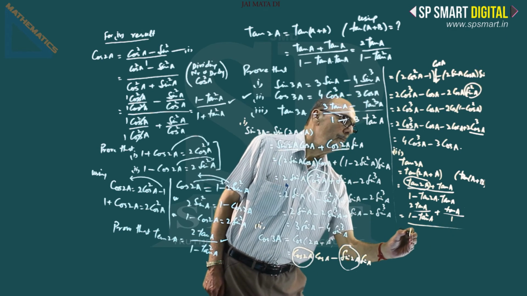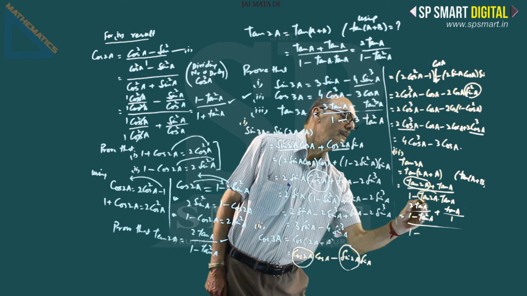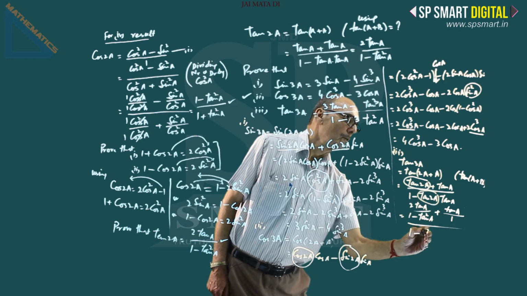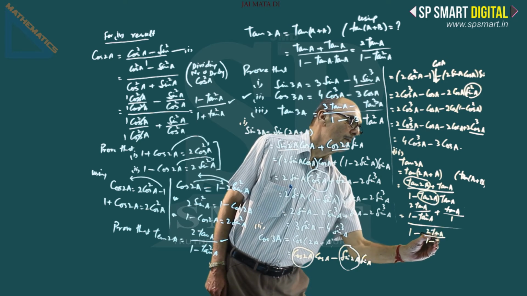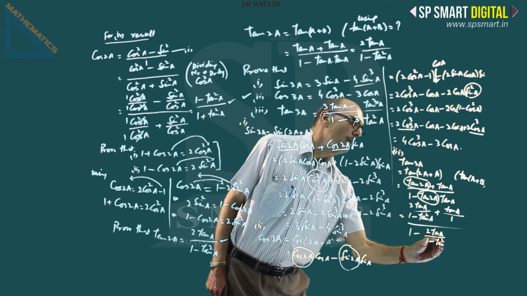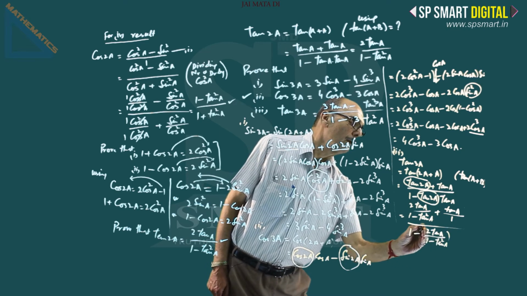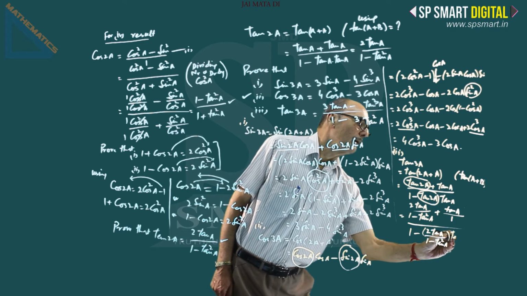This is 1 minus, write down the formula for this also, 2 tan of A upon 1 minus tan square A into tan A.